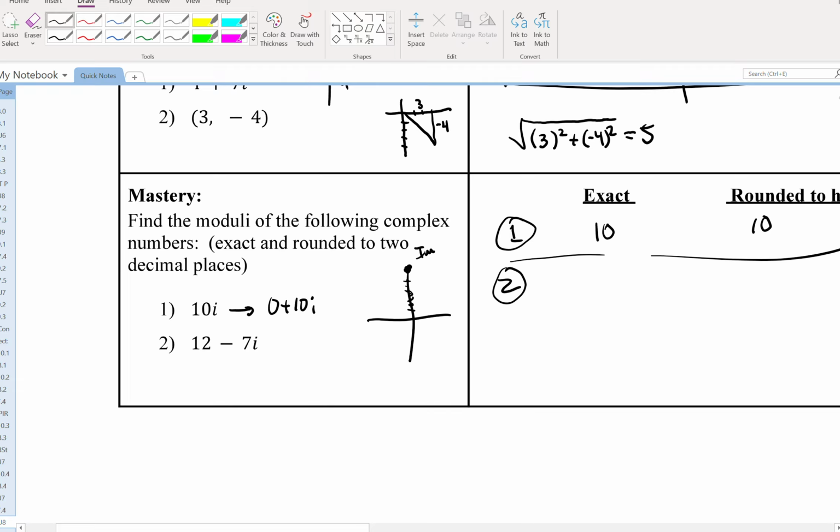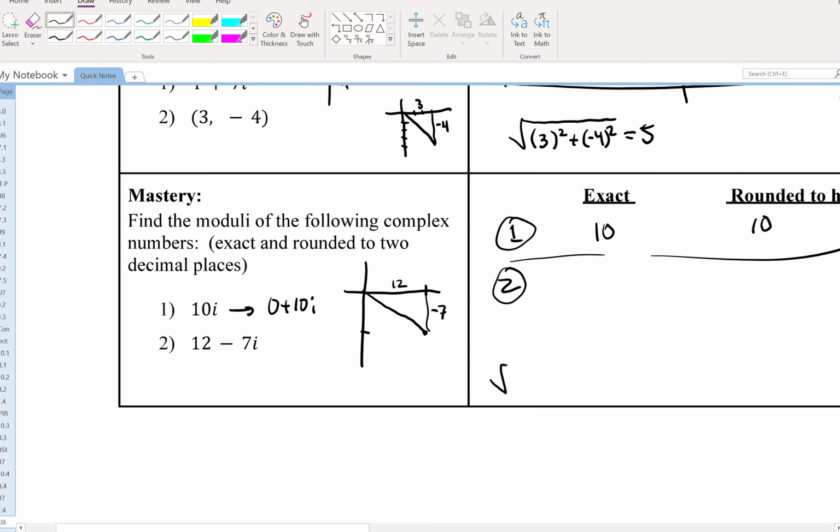12 minus 7i. So I go back over here, and I just want to think here. Here's 12. Here's down 7. So 12 in the real, 7 for the imaginary. And I want to find that distance there. And so this is minus 7, and this is 12.